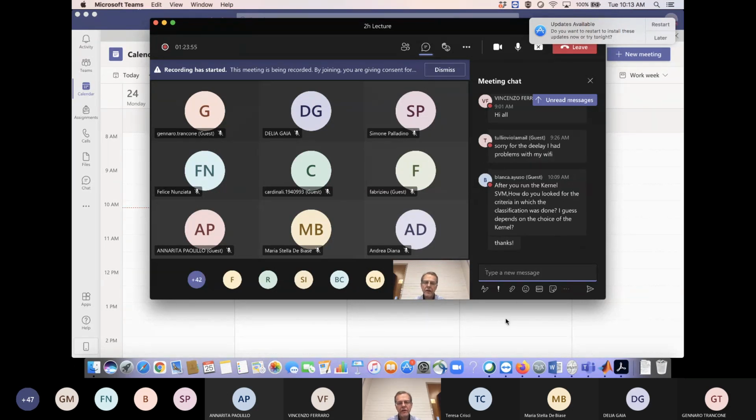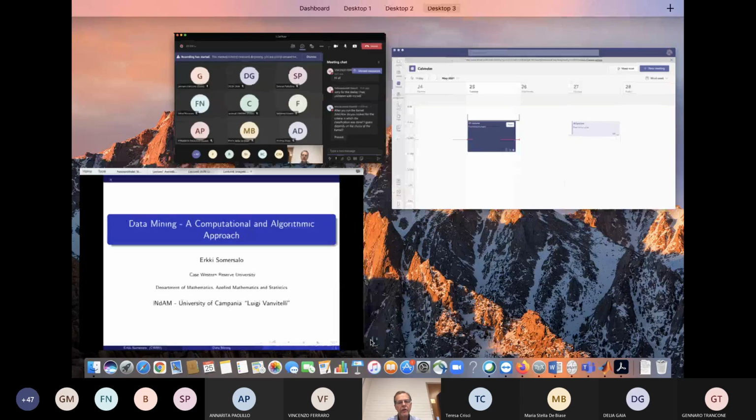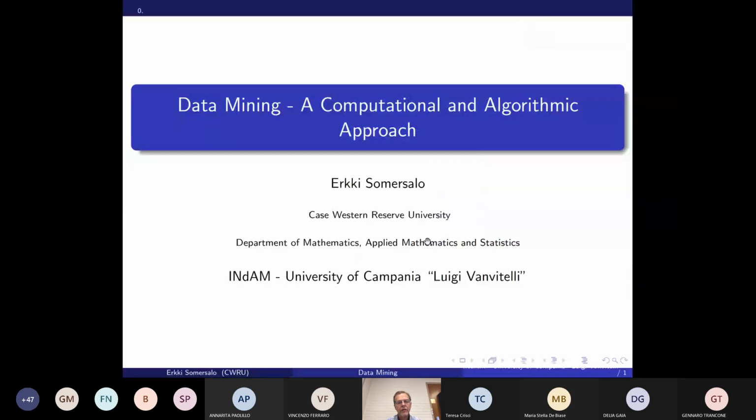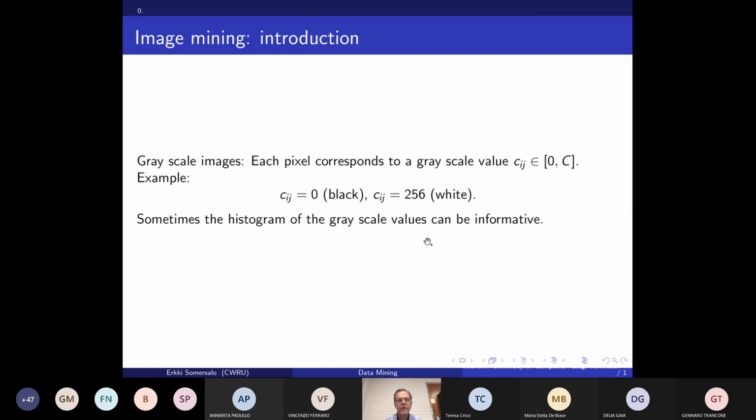All right, so let's move to the next topic: image mining. This is what I'm going to talk about. In this section, I'm looking at grayscale images, although all I'm saying about grayscale images can be extended to color images, because a color image, if you use, let's say, the usual RGB color coding, you can think of as 3 grayscale images.